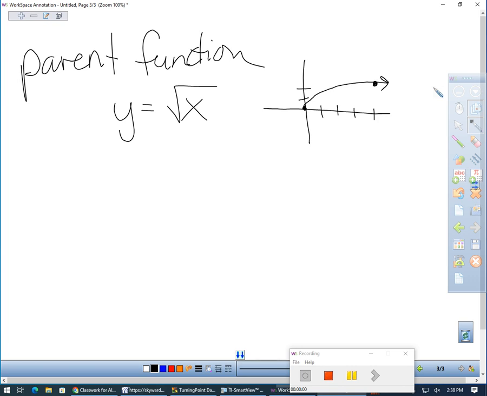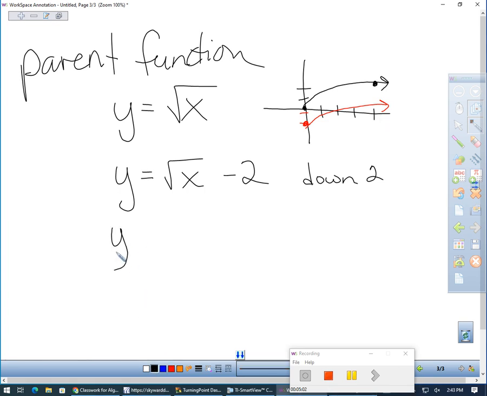So if I were to take that exact same thing, the square root of x, and subtract 2 from it, what's going to happen to that curve? Down 2, exactly. So it's the same curve, just shifted down 2.